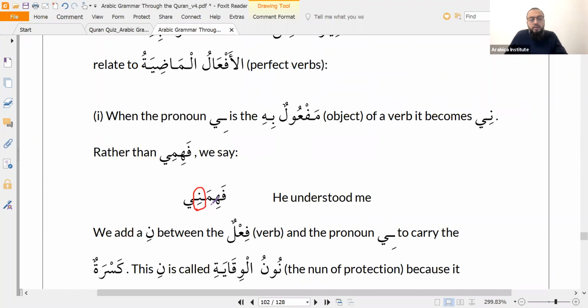If your noon wasn't there, you'd have to put a kasra on this meem and say fahimi, which would distort the actual verb. It would no longer mean he understood, because he understood is fahima. So in order to protect the verb from this ya, we introduce an extra noon here called the noonul wiqaya. Wiqaya means protection. Noonul wiqaya protects this verb from this ya.